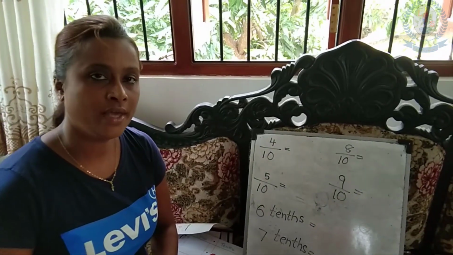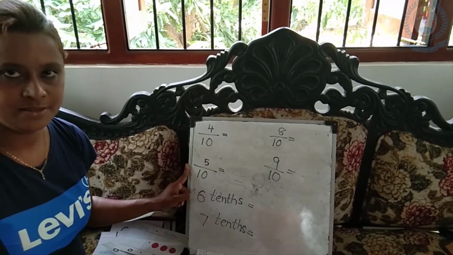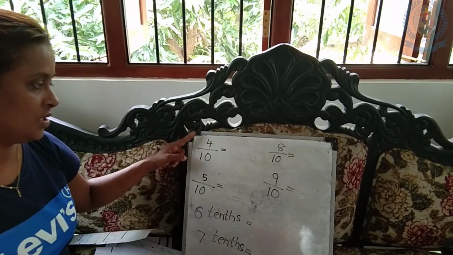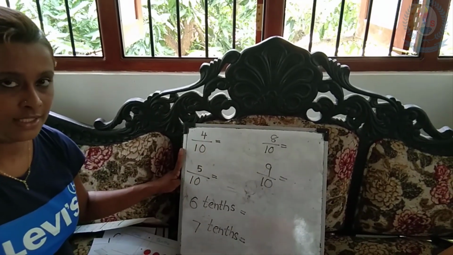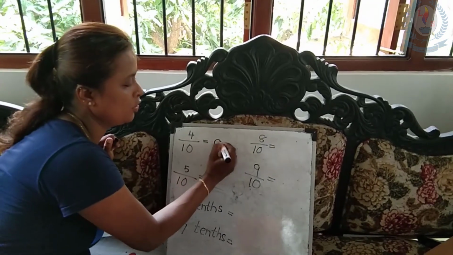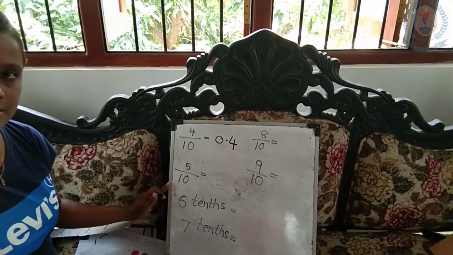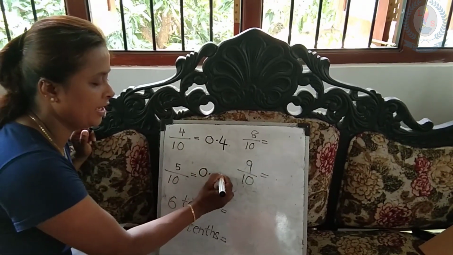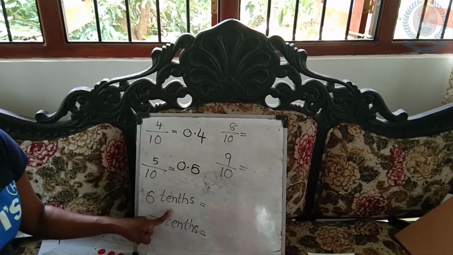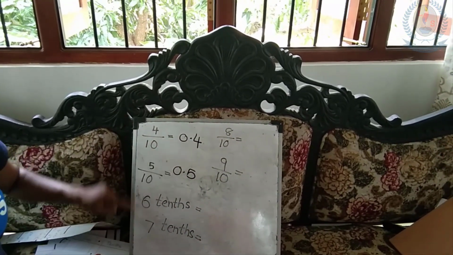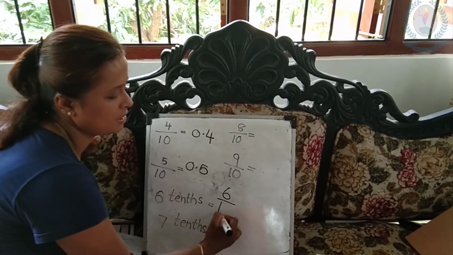Okay. Now let's write these tenths as decimals. Fraction 4/10. We can write this as a decimal, 0.4. 5/10, 0.5. 6/10 means the same thing, 6 out of 10.